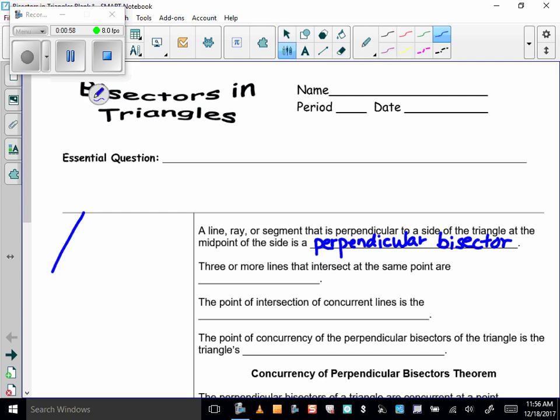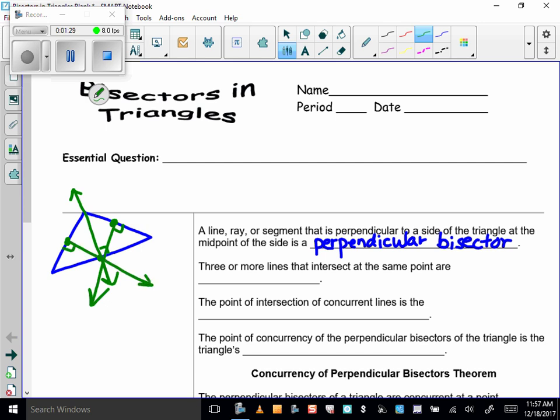If I've got a triangle, perpendicular bisector, let's see, then I could have one here, that would be a perpendicular bisector, and then I'd have one over here, and that would look like so.